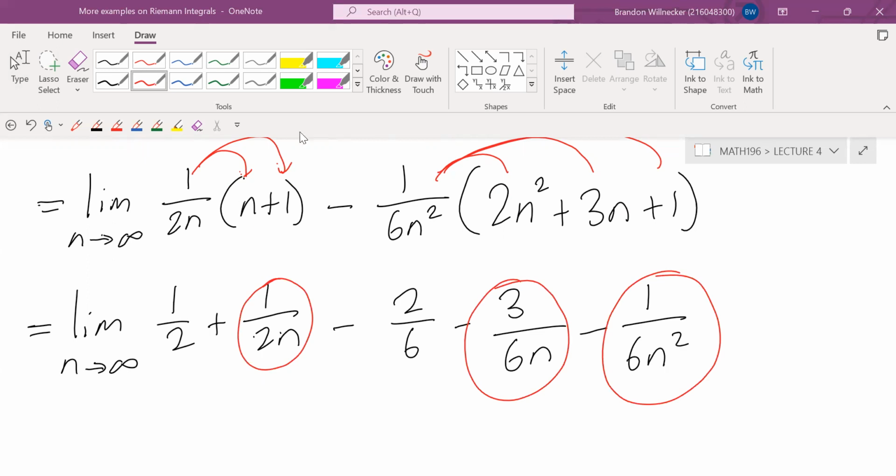So now just imagine, as n gets larger and larger, since it's in the denominator, this fraction is going to get smaller and smaller, because the denominator is getting bigger. So in the limit, as n goes to infinity, the fraction is going to go to 0. So this is going to go to 0. This one's going to go to 0. And this one is going to go to 0.